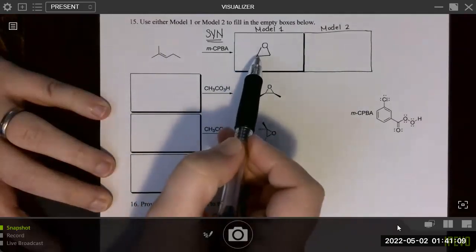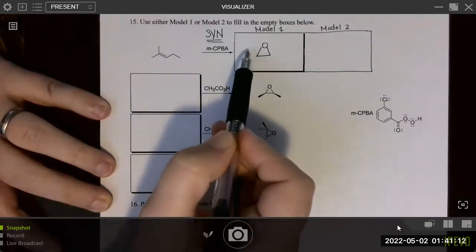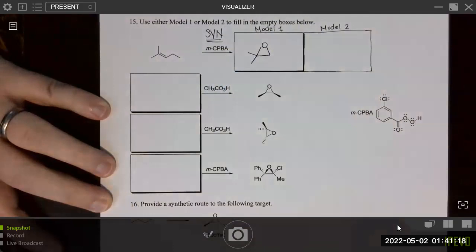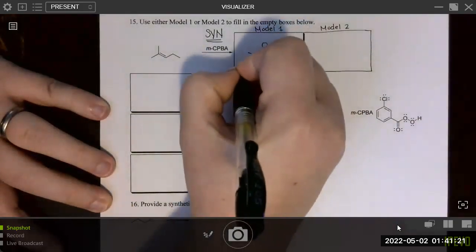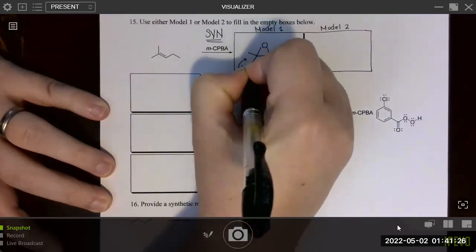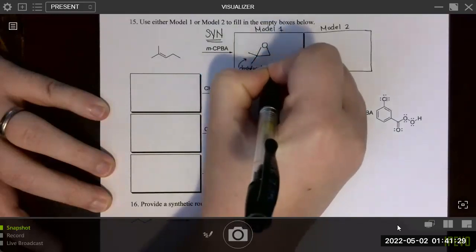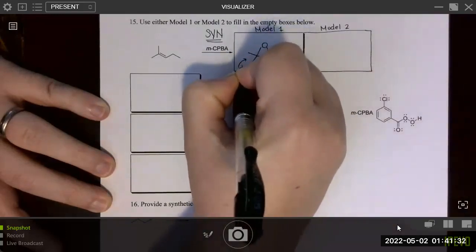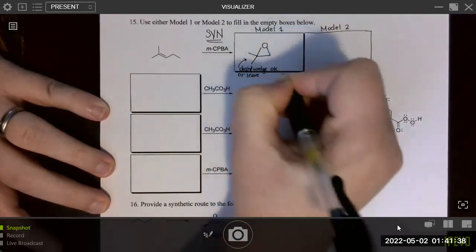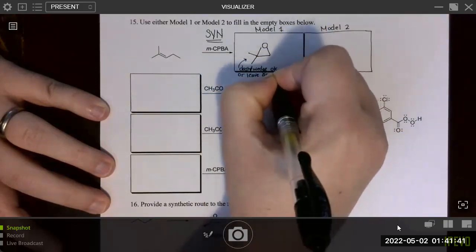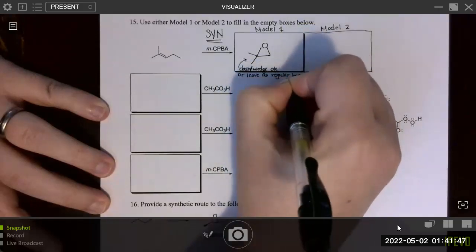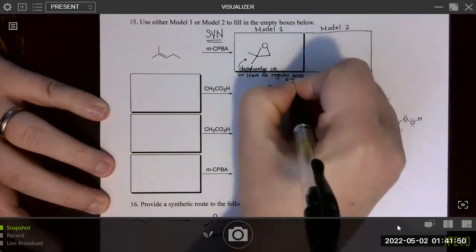This one, you could do it with a dash and a wedge, right? Or you can just do regular lines because technically that is not a chiral center. So we'll say for here, dashes with a dash wedge, or a regular bond since it's not chiral.